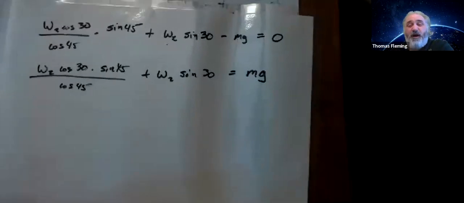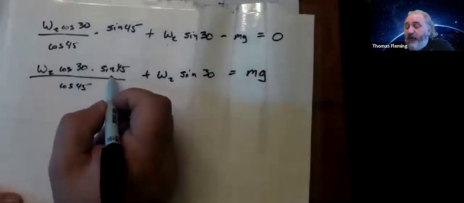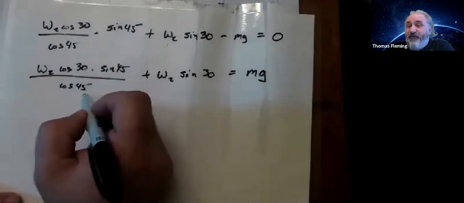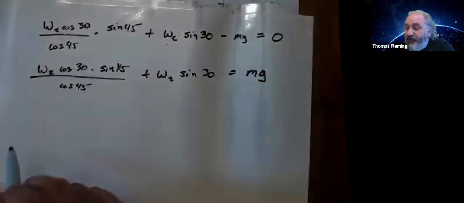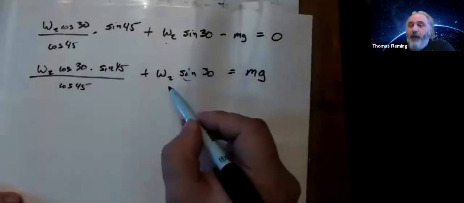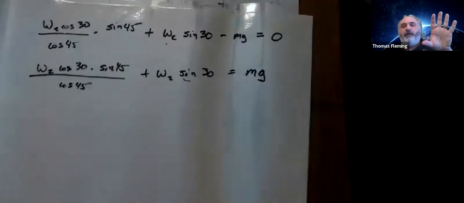Again, this seems kind of ugly and complicated. It's really not, because remember, cosine 30 is a number. Sine 45 is a number. Cosine 45 is a number. So what I have is a number times W2 plus a different number times W2. If this was algebra, you had like 3x plus 2x. You know that's 5x, right? How did you get that?